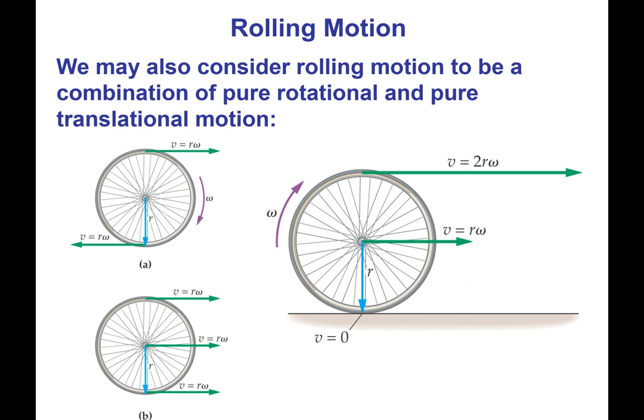Now, we may also consider the actual rolling motion to be pure rotation or pure translational motion. It's according to what you're wanting with that. Like I said, you pick a point and that's your tangential, and any one of these would be your tangential velocity.